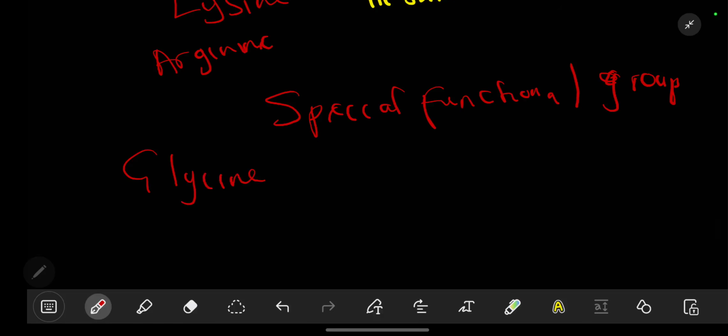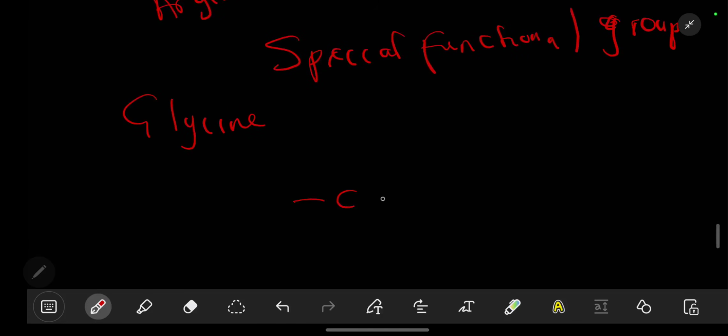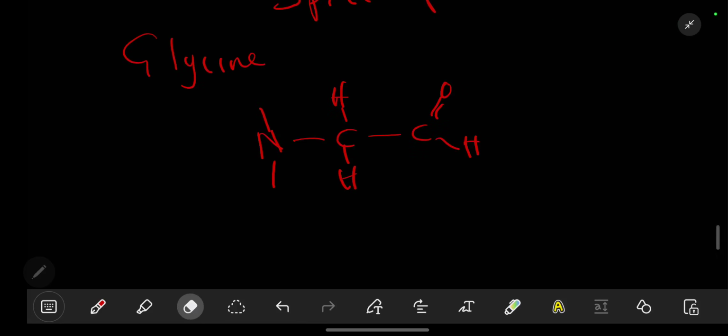If you recall how I drew glycine, I drew C, then where there is R right here, we just put H. So this is a special amino acid in the fact that there is only H there. Therefore, it is the smallest, and it also helps in offering very flexible structures because it only has the H there.